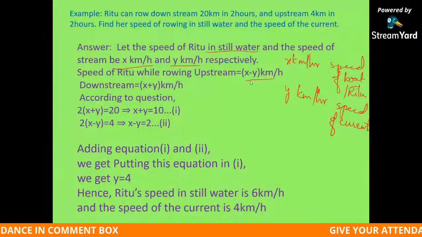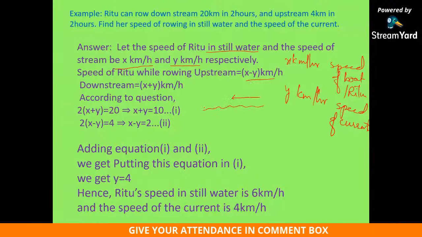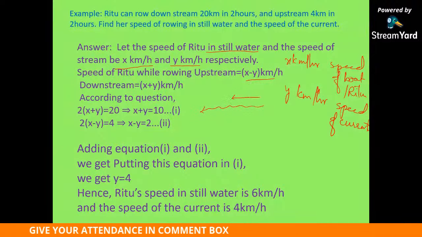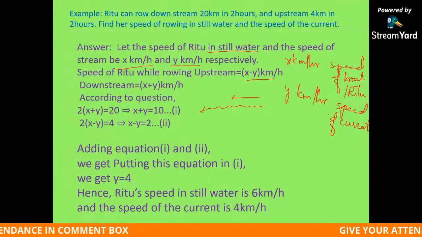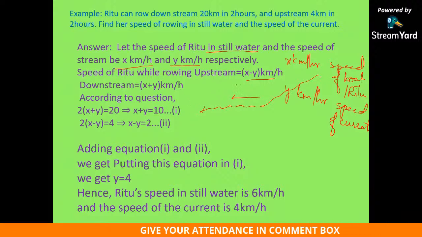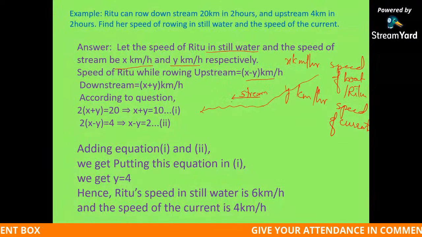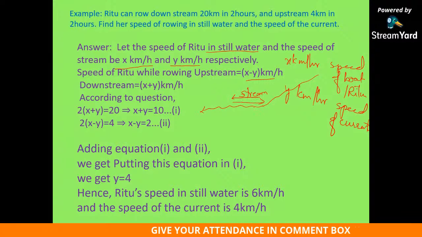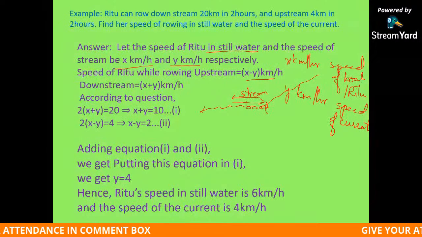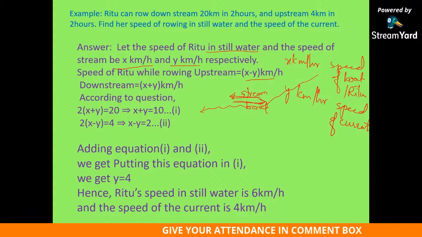Suppose the water is flowing in this direction, and this is the speed of the stream. If your boat is moving in this direction because it wants to go upstream, then definitely the stream is flowing in this direction and your boat is going in the opposite direction.